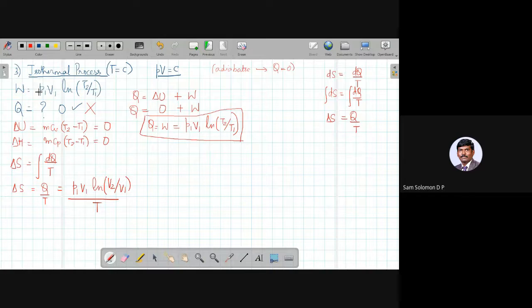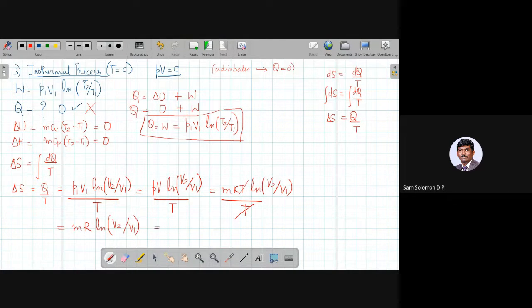This P1 V1 is constant, which can also be written as PV times ln of V2 by V1, whole divided by T. And this PV is nothing but mRT, times ln of V2 by V1, whole divided by T. So I can cancel out this T and this T over here, and this is simply mR times ln of V2 by V1.